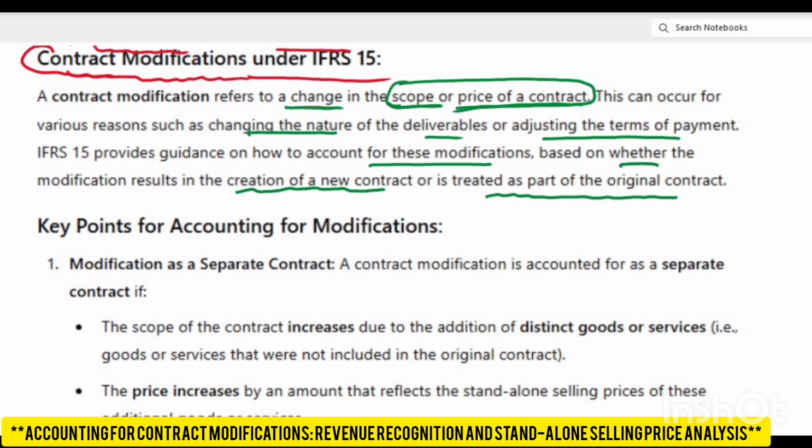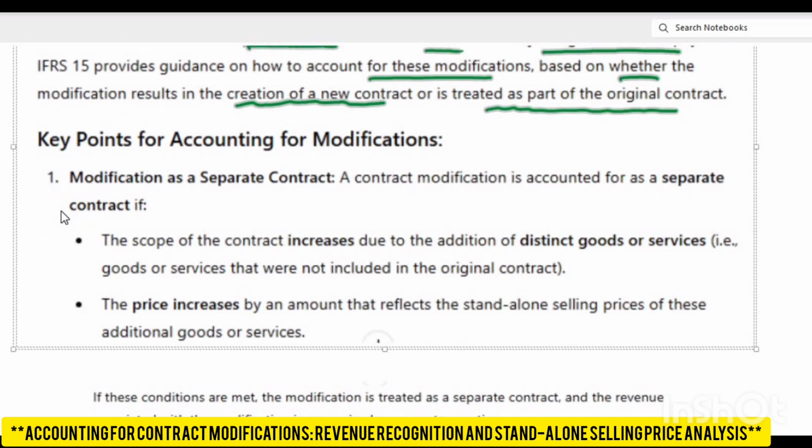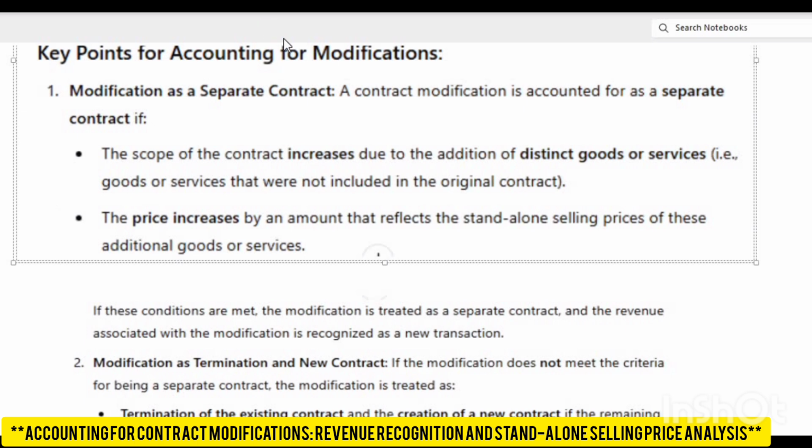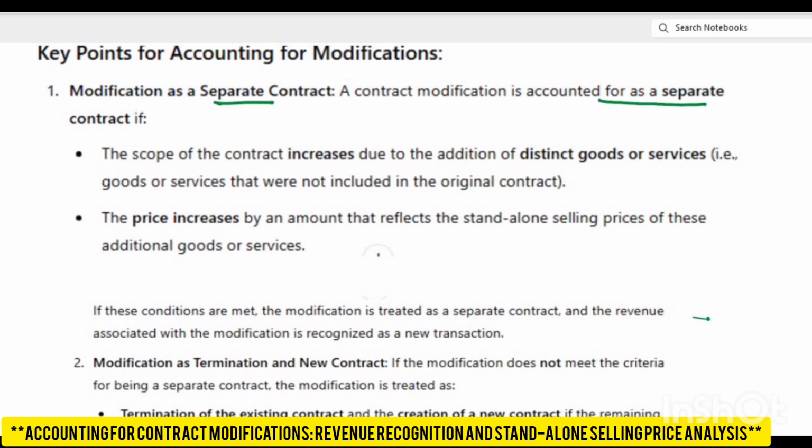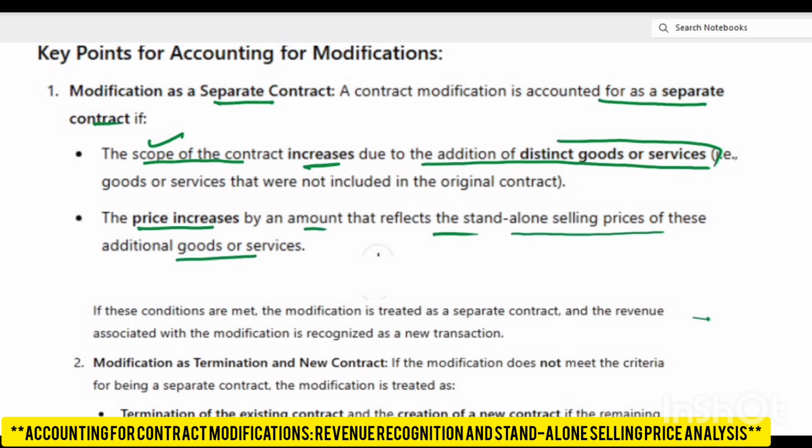First, the modification as a separate contract: a modification is accounted for as a separate contract if the scope of the contract increases due to the addition of distinct goods or services, and the price increases by an amount reflecting the stand-alone selling price of these additional goods or services.